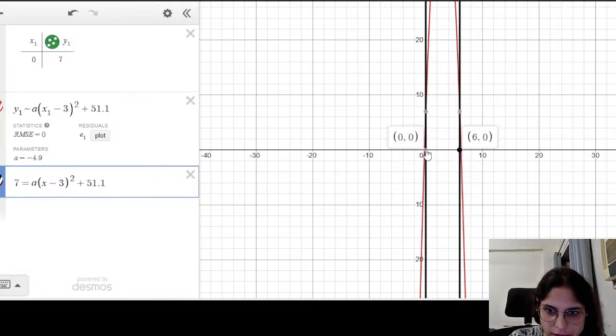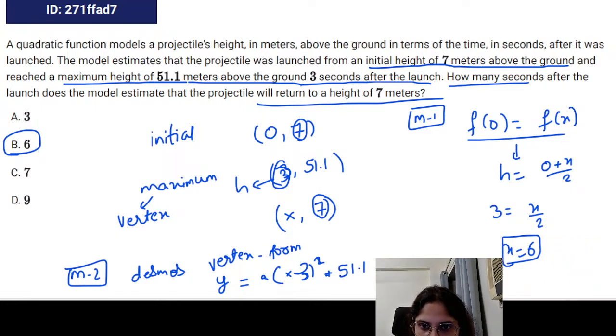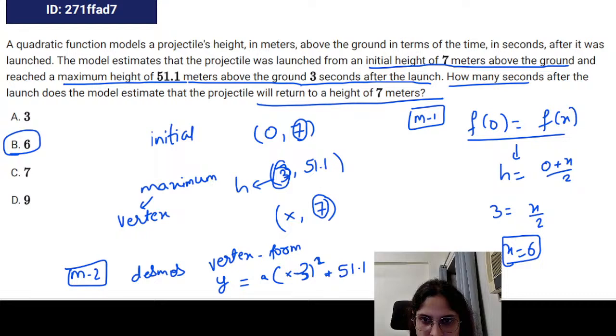The value of x is 6. Alright, so the answer is 6 again. Oh, you can't see this. I've just written x equals 6 over there.